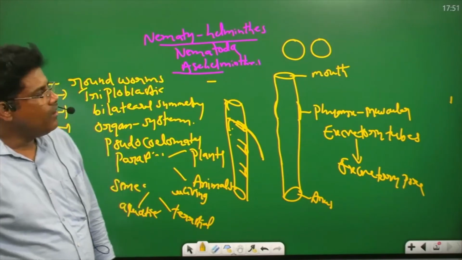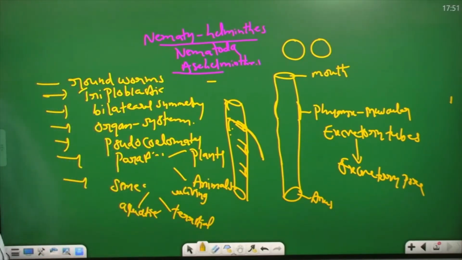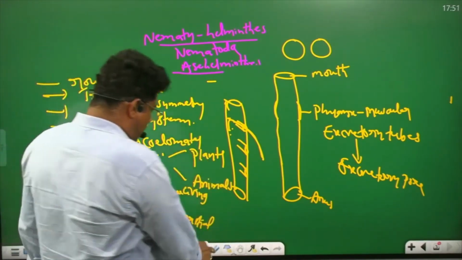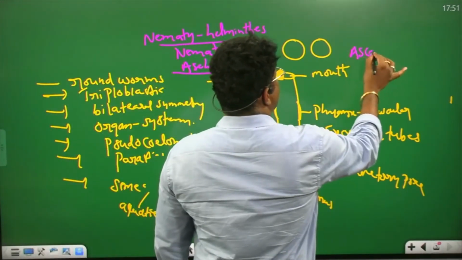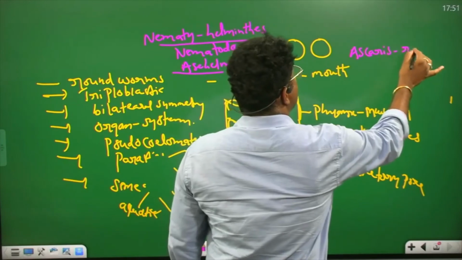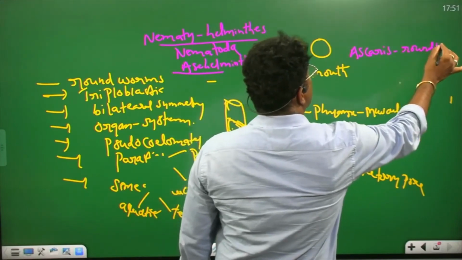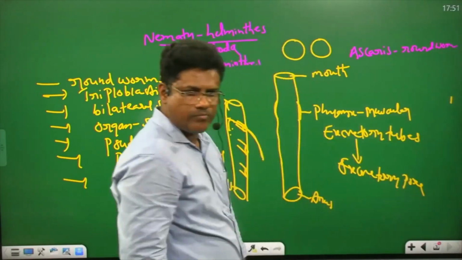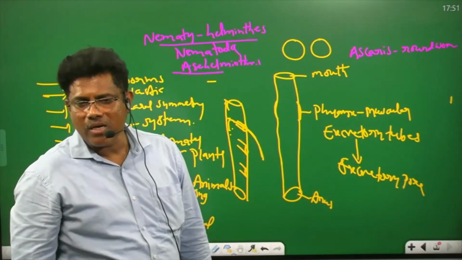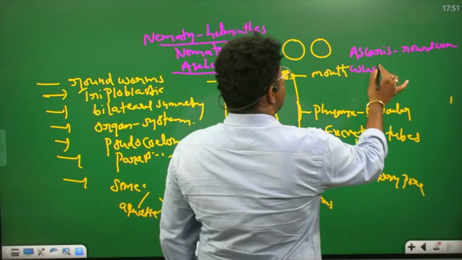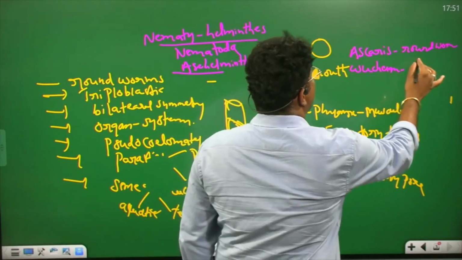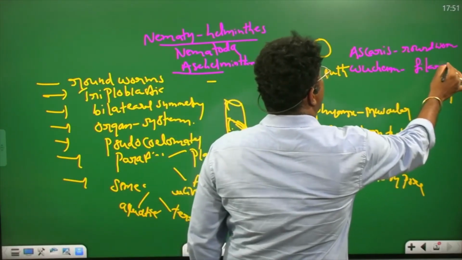Finally, examples. Final example, what is this? Ascaris. Ascaris is known as roundworm. Wuchereria is known as filaria worm.